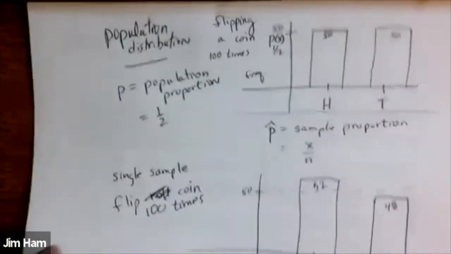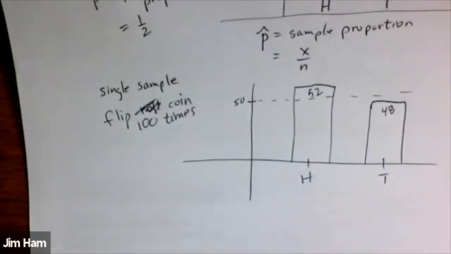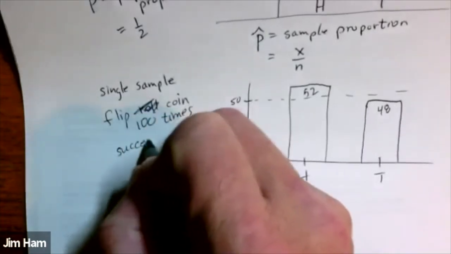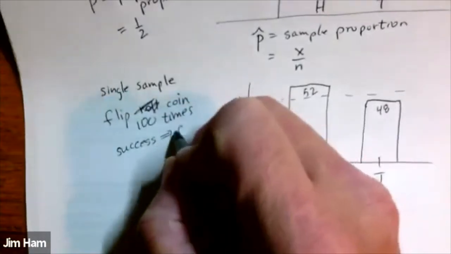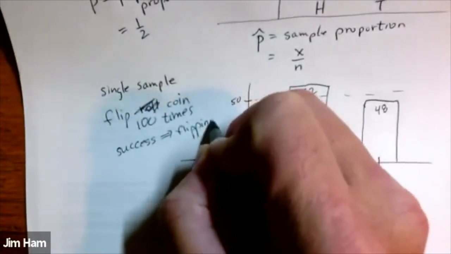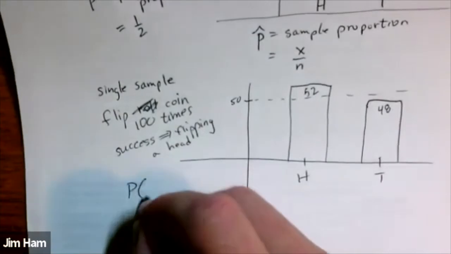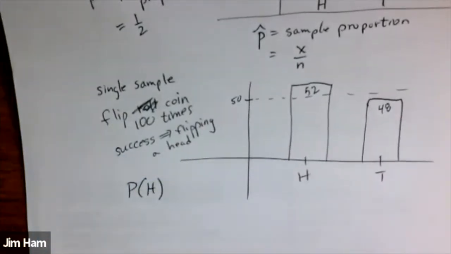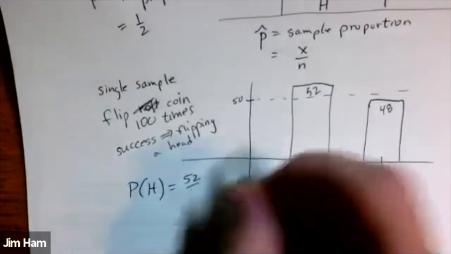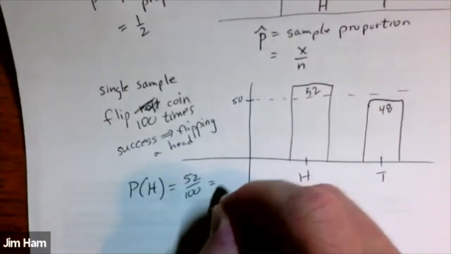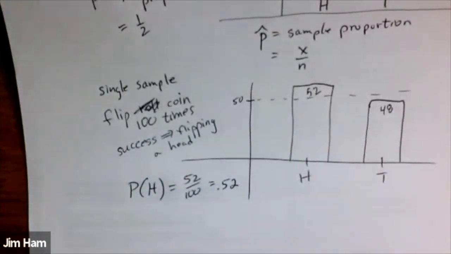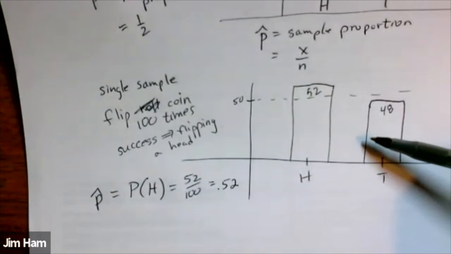Let's say that our success was flipping a head. So in our sample, we have 52 heads out of the 100 tosses. And for our sample proportion, we would get 0.52, which is very close to the 0.5 in the population. But this is based on a single sample.